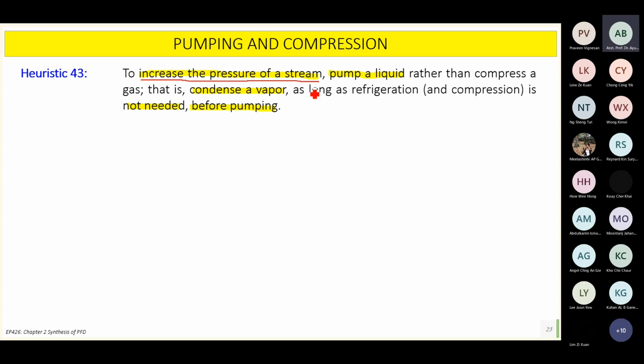Because of the energy required, if your stream is vapor and you want to increase its pressure, compressing will involve higher energy compared to using a pump in liquid form.